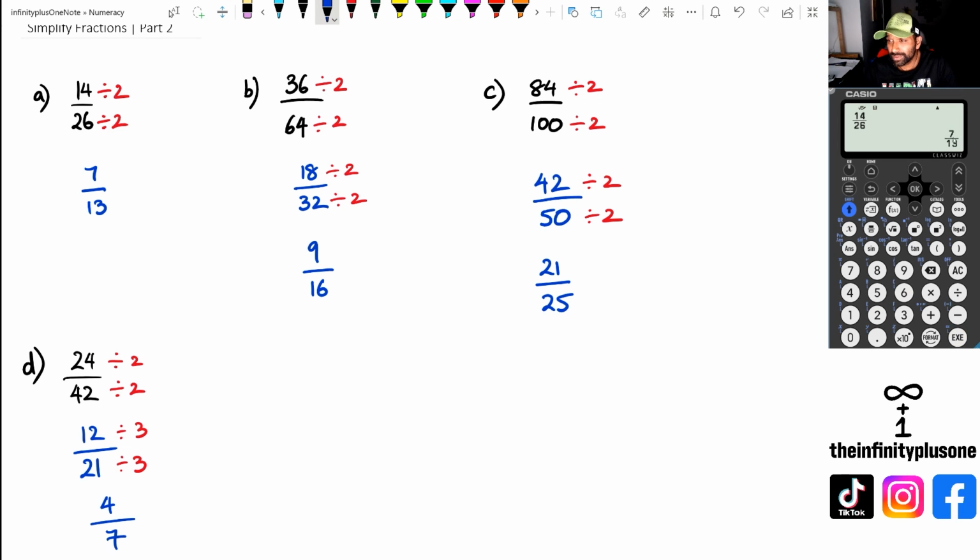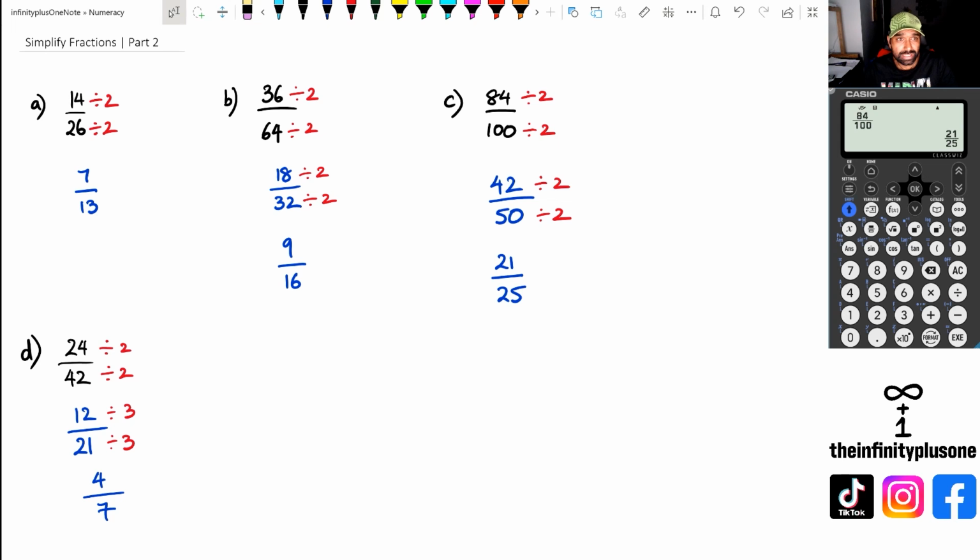So that's the beauty of some of these calculators. Anytime you put any of these calculators in fraction mode, it should automatically simplify it. So if you look at 84 over 100, I can just put that in as 84 over 100. And as you can see, it gives me a fraction of 21 over 25. So folks, that is just a quick little intro into simplifying fractions, especially when those numbers are not so nice to work with.